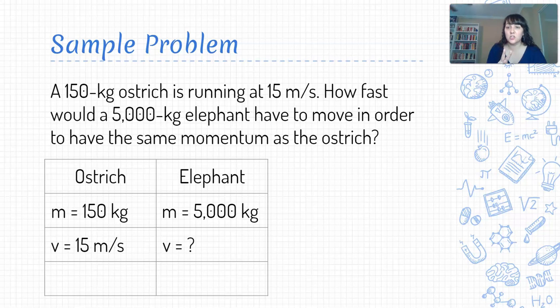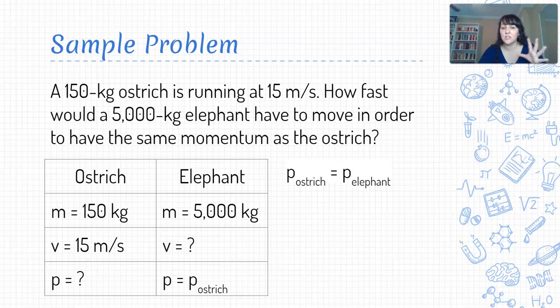Now, the thing that links these two lists of knowns and unknowns together is the fact that both of these animals are supposed to have the same momentum. So I can write an equation saying that the momentum of the ostrich is equal to the momentum of the elephant. I'm keeping track of each one separately by using little subscripts to indicate which animal I'm talking about.